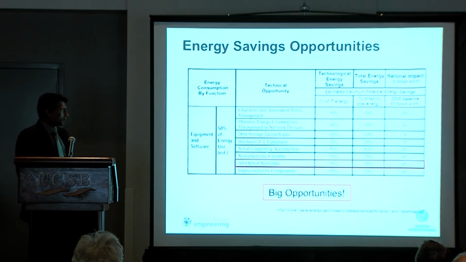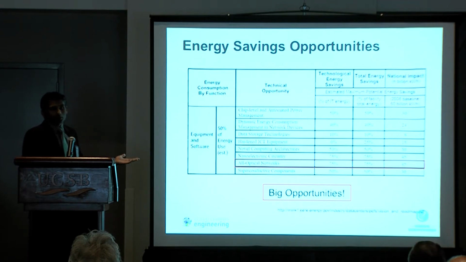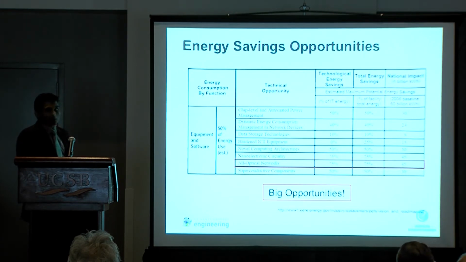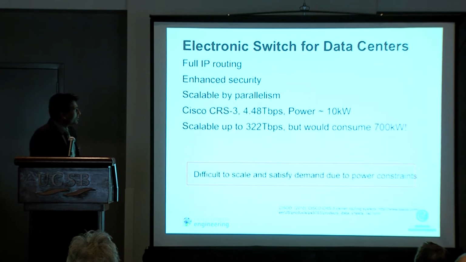If you keep going down, the biggest bang for the buck is nanoelectronic circuitry, which is basically making more miniature devices that give you better power savings at the processor, and switching to all optical networks, which helps with the data rate and the power dissipation. So this is where the big opportunities are, which is the all optical network. Currently everything is electrical, optical, and back to electrical, so it's not an all optical system. A lot of the energy loss is in the conversion, which is where the savings can be achieved.